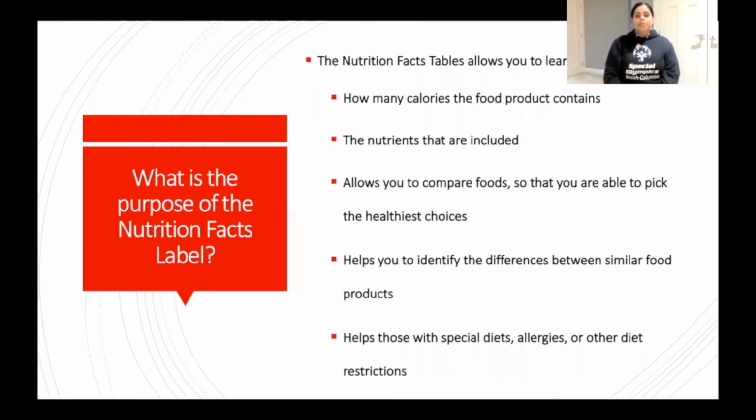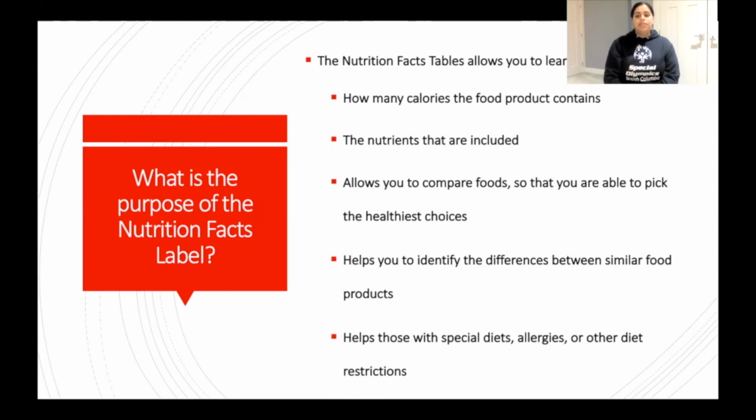So what is the purpose of the nutrition facts label? The nutrition facts table serves different purposes, and it allows you to learn about how many calories a food product contains, and the different nutrients that are included. It allows you to compare foods so that you're able to pick out the healthiest choices.